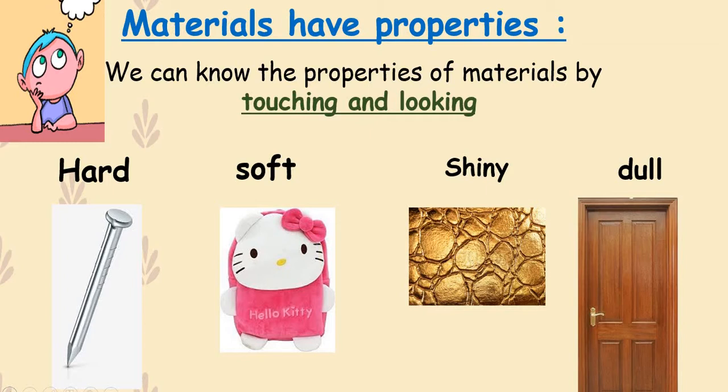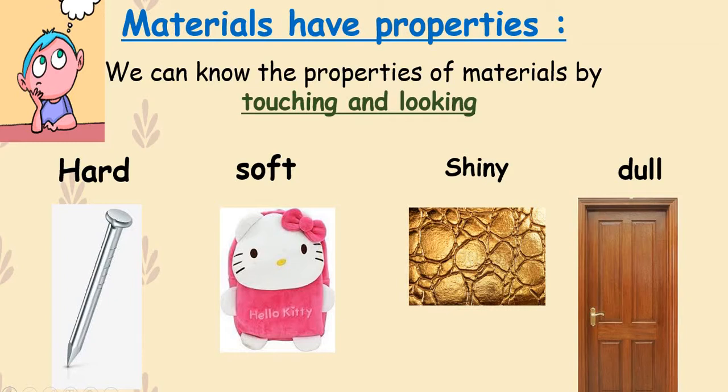What about the kitty and the teddy bear and toys like this? It's very soft, right? So the property of the nail is that it's hard, and the property of the kitty is soft. Okay? What about gold and silver? What about the jewelry?